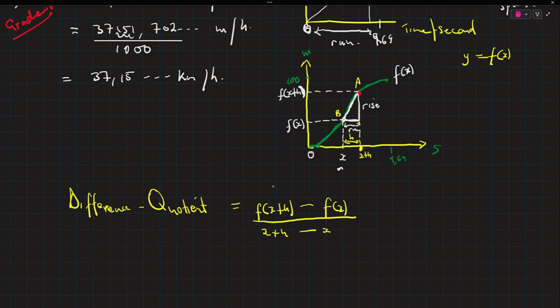So if we want to find the exact gradient, we have to move closer to the point we want. Let's say we want the gradient at point A exactly. Do you realize that the more I move closer to that point, my h is approaching 0? Because look, every time I move up to this point, my h becomes less.